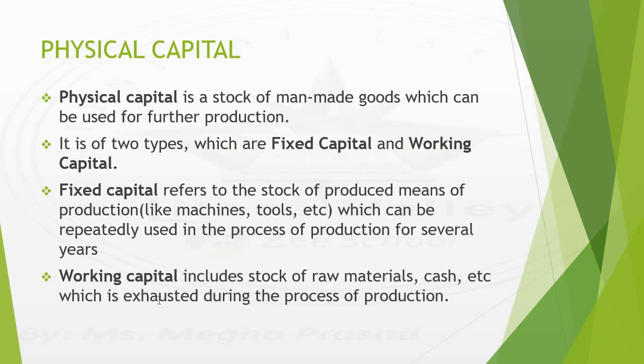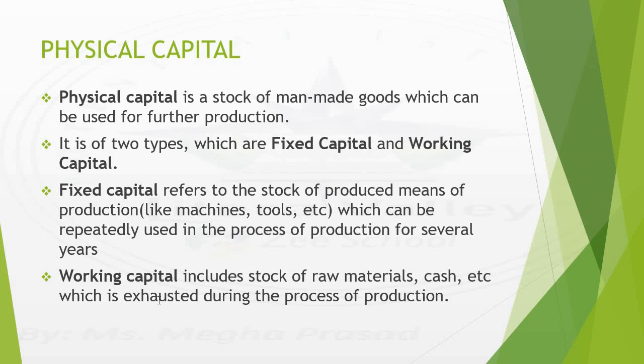But the fruits that are being used to produce the juice, that will be considered as a working capital, because in order to keep this production going, you will require fruits again and again.